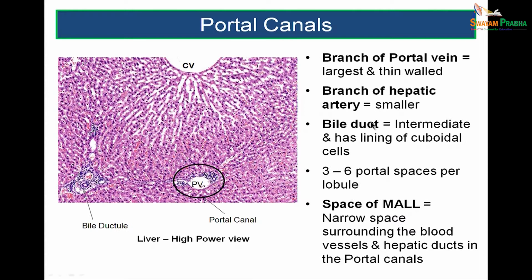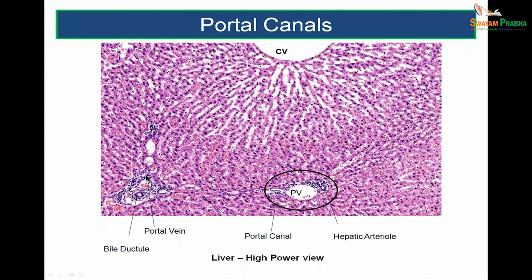I've already told you that the portal vein is usually the largest, having a thin wall, and since it's a vein, it usually contains a plug of blood cells. The hepatic arteriole, on the other hand, is usually a smaller structure made up of concentric layers of smooth muscle and a very small lumen. The bile ductule is in between the size of a hepatic arteriole and a portal vein branch, and the bile ductule has a lining of simple cuboidal cells.